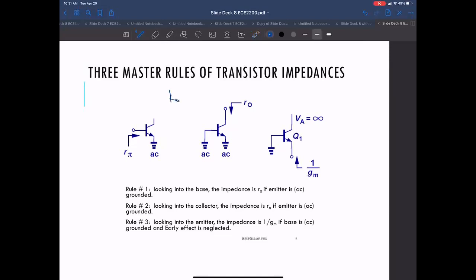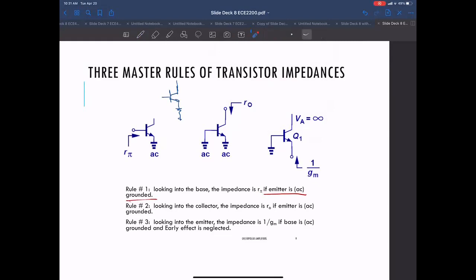you could easily have a circuit where your emitter is connected to your resistor. And as you'll see in this case, the input resistance gets more complicated. So this thing, if the emitter is AC grounded, is important here. If that's the case, the input resistance is R sub pi.